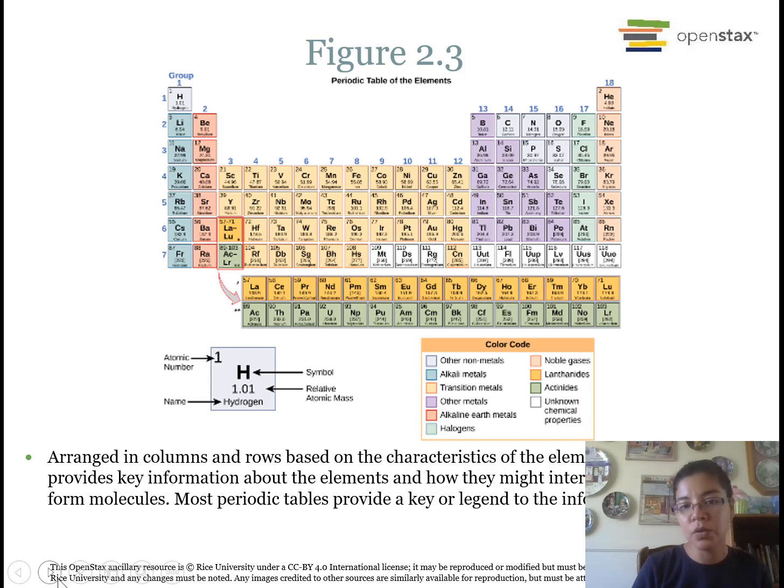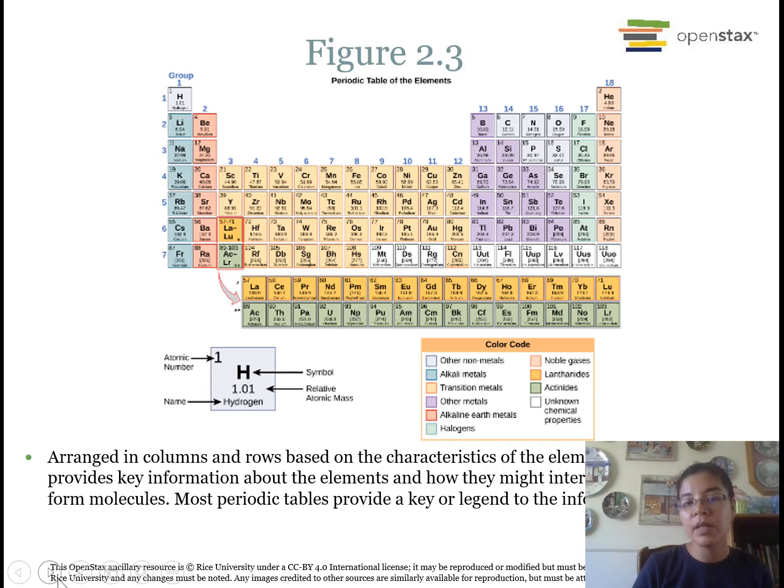Then we go to the center, where we have the area in yellow. These are the transitional metals. We go to the right, and then we have the purple area with other nonmetals, the whitish area with nonmetals, and then we have the seventh column and the eighth group.